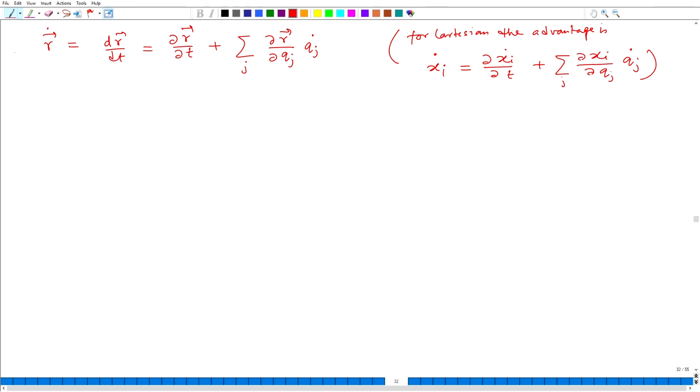In this notation, note that r was initially a function of the generalized coordinates and time. When you do del/del t, it will not import any q dots, because it acts on a q, which gives simply 0. dq/dt is not 0, but del q/del t is 0, because q's, q dots and t's are all independent.